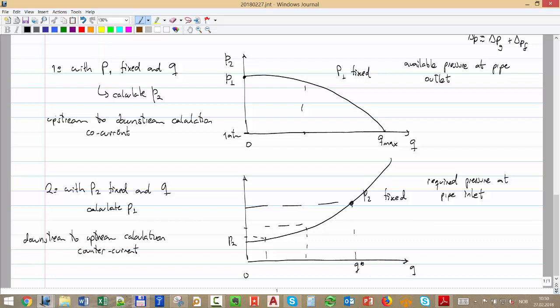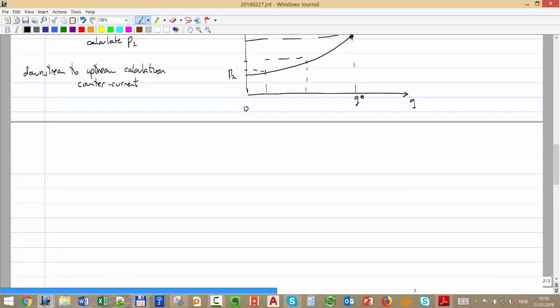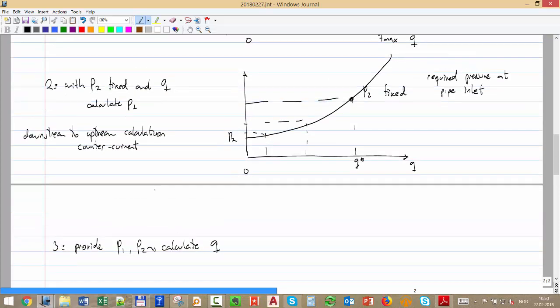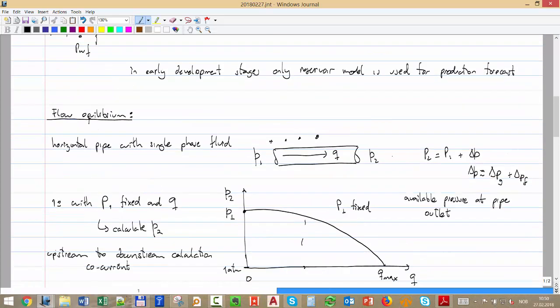And we have another calculation where we provide P1 and P2, and we calculate Q, that we are not going to use very much, but that's also another option we can use. We provide the two pressures and then we calculate the rate.